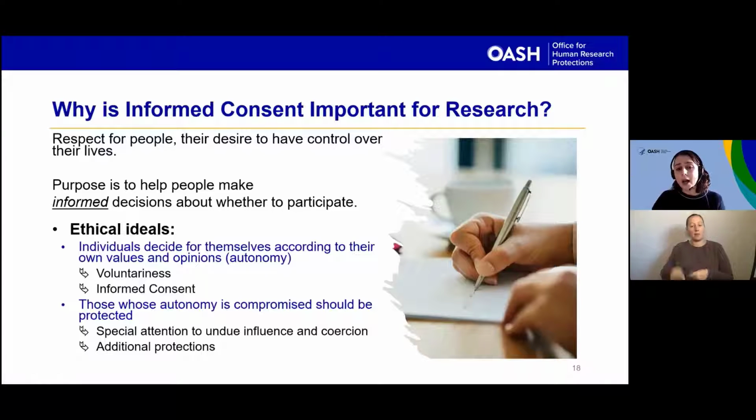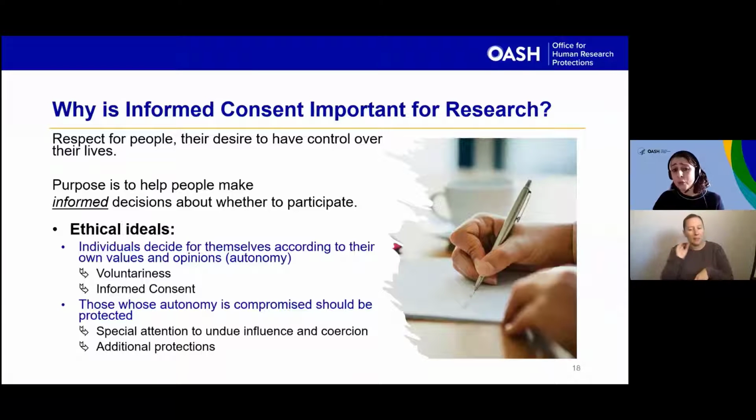Now, I really want to recognize that informed consent considerations are incredibly challenging, and this is the case both for researchers and for IRBs. But I also want to say that informed consent is an incredibly important concept, and it is important for research and public trust in research. And this is because informed consent is the application of the principle of respect for persons. It is the recognition that people must make decisions about research participation for themselves in accordance with their values and their opinions.